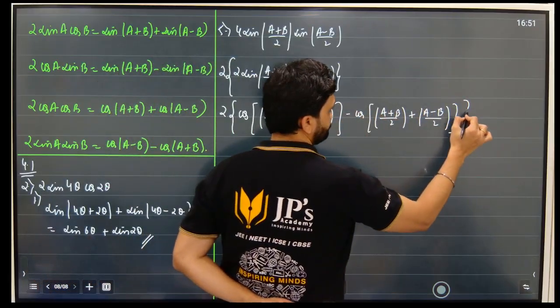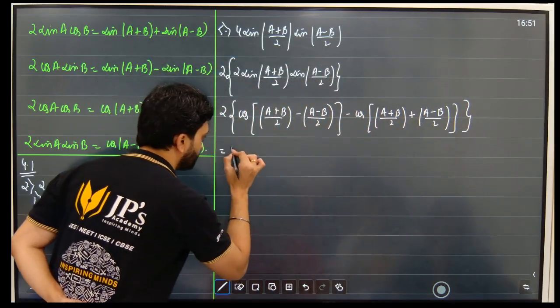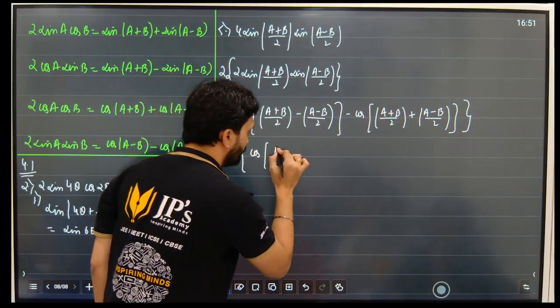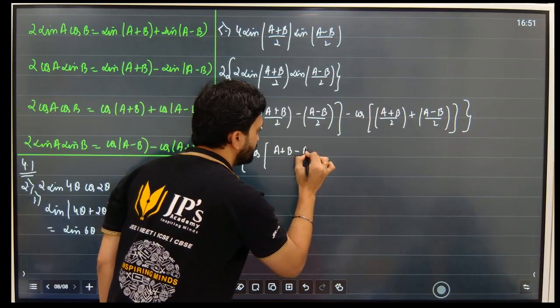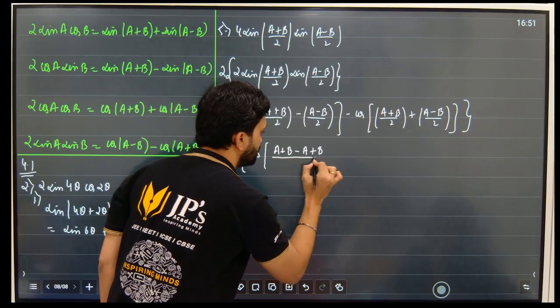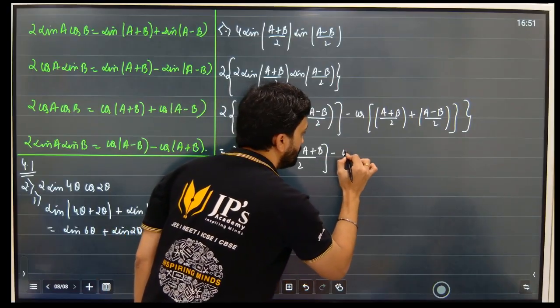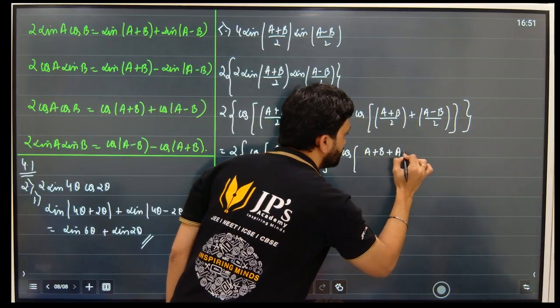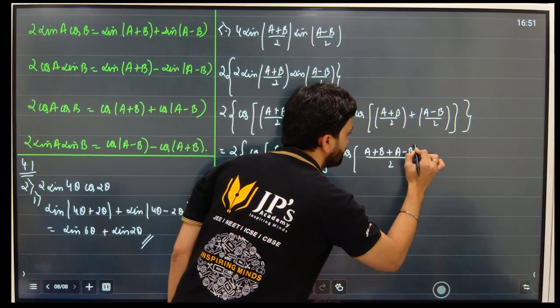Now if I simplify this, it becomes 2 times cos of (a plus b minus a plus b) by 2 minus cos of (a plus b plus a minus b) by 2.